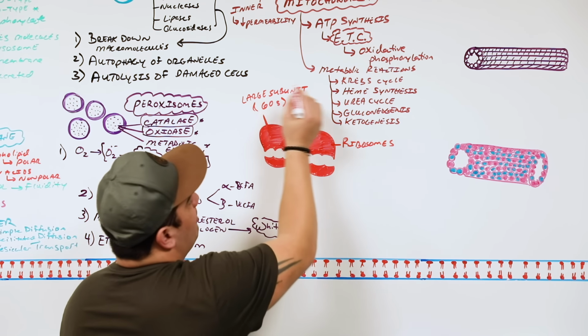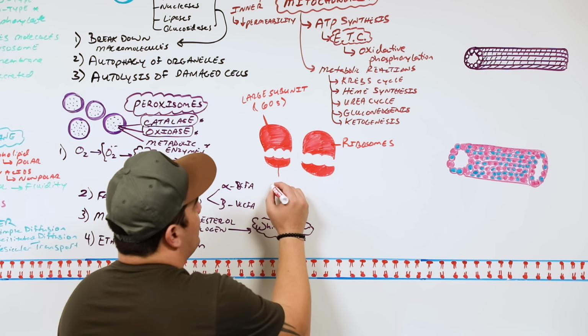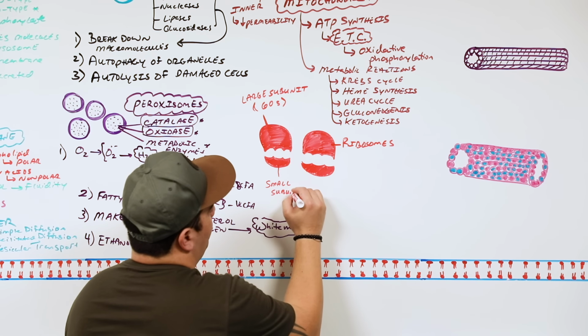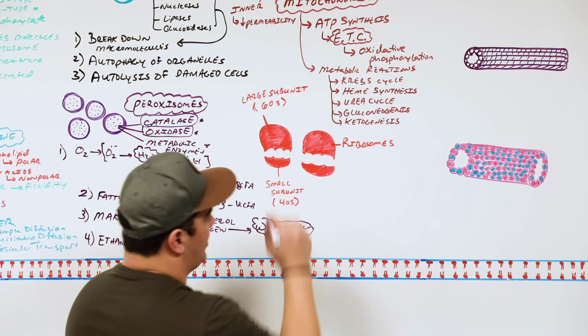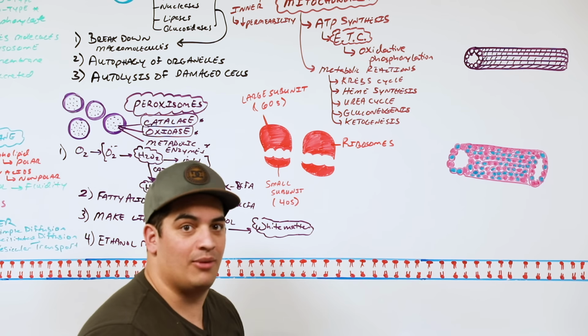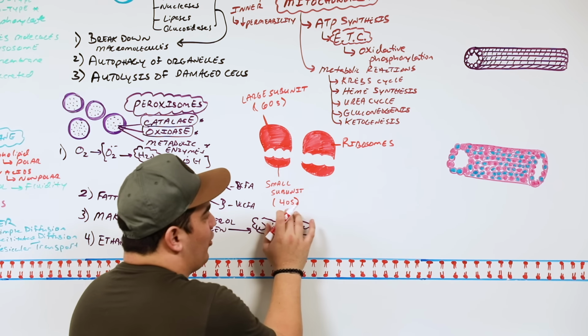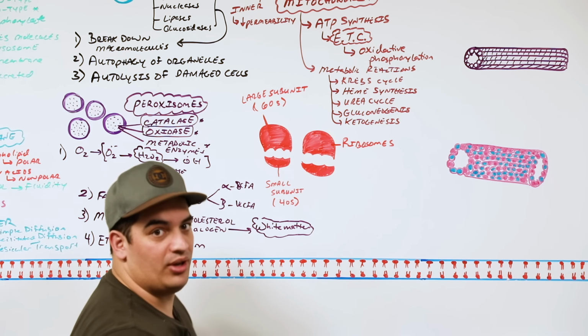And S means Svedberg unit. And then the other one is called your small ribosomal subunit. In eukaryotic cells, this is a 40S or 40 Svedberg unit of the ribosome. Again, kind of a very non-essential thing to remember, but the big thing to remember is that there's two units, a small subunit and a large subunit.